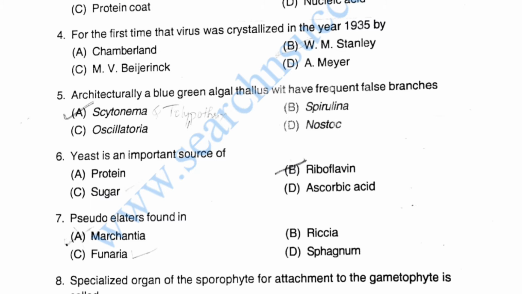For more information, you should know that the first virus which had been crystallized was TMV, tobacco mosaic virus, in the year 1935 by which scientist? W.M. Stanley. Clear? So W.M. Stanley crystallized the virus TMV in the year 1935.